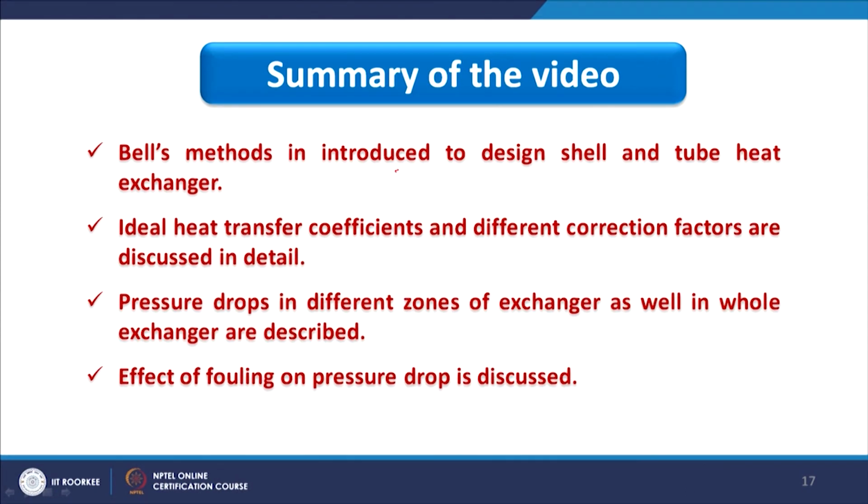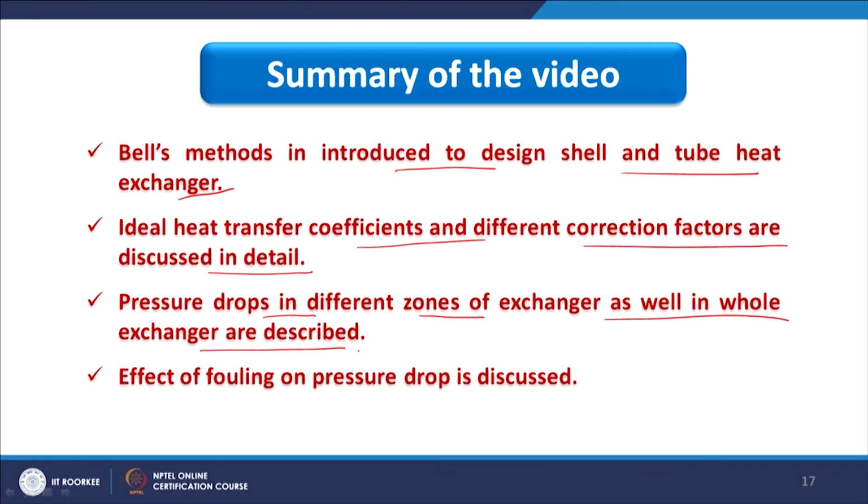So, the summary goes as: Bell's method is introduced to design shell and tube heat exchanger. Ideal heat transfer coefficient and different correction factors are discussed in detail. We have also discussed pressure drops in different zones of the exchanger as well as in the whole exchanger, right. And lastly, we have discussed the effect of fouling on pressure drop. Okay. So, that is all for now. Thank you.